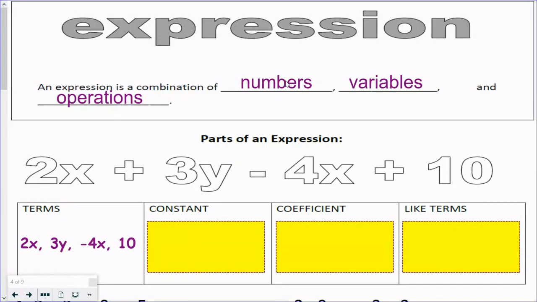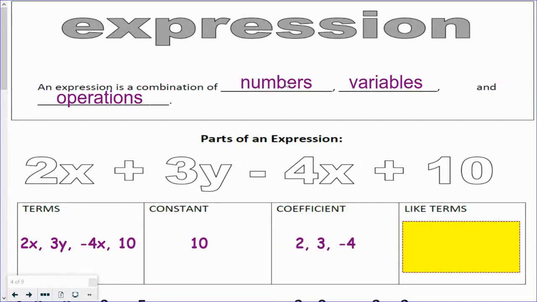So we took this first one and broke it down. Our constants, that's any number that is left by itself, so that is only our 10. Our coefficients are any numbers that are being multiplied to a variable. Okay, so that's our 2, 3, and the 4.